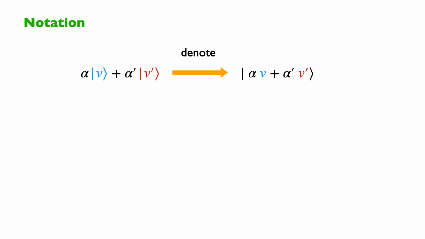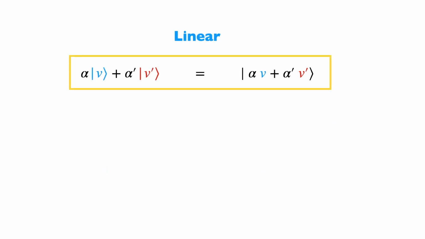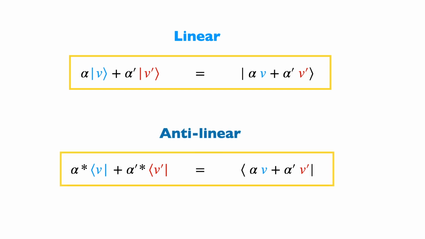If we take the Hermitian conjugation of this ket, the result is given by the Hermitian conjugate of the linear combination on the left-hand side. Thus we conclude that the ket is linear with respect to its argument, while the bra is anti-linear. Anti-linear means that complex conjugation is taken on the coefficients alpha and alpha prime.